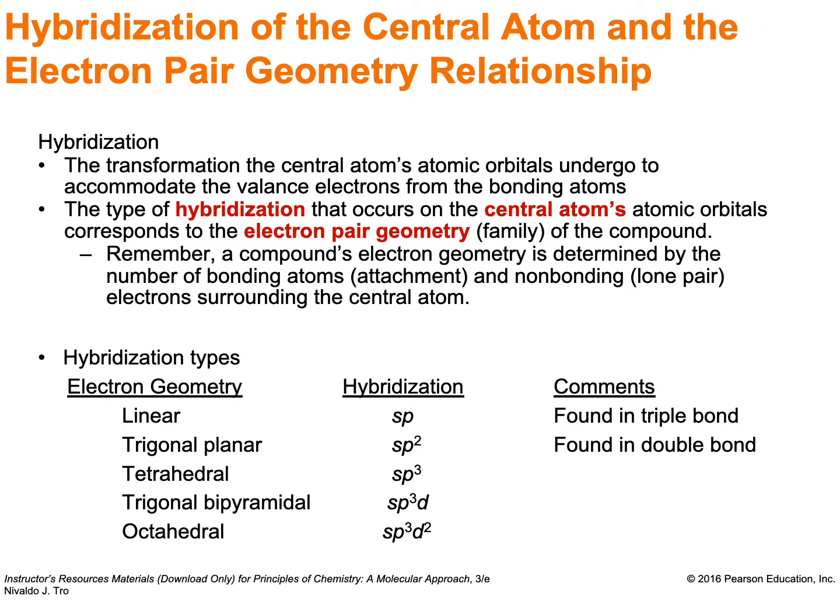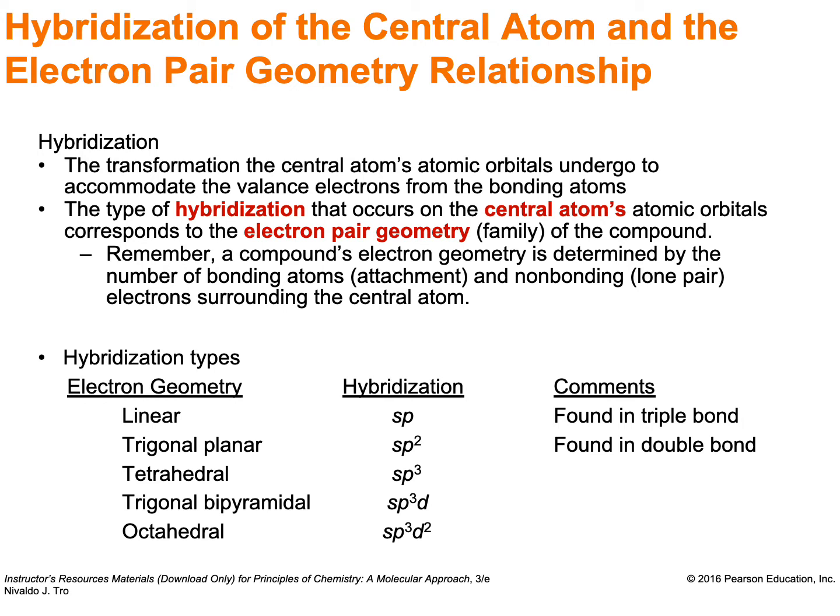When we mention the term hybridization of orbitals, we're talking about s, p, and d orbitals that we're familiar with in terms of electron configuration, but they come together to form hybridized orbitals. Hybridization is the transformation of the central atom's atomic orbitals to accommodate valence electrons from the bonding atoms.